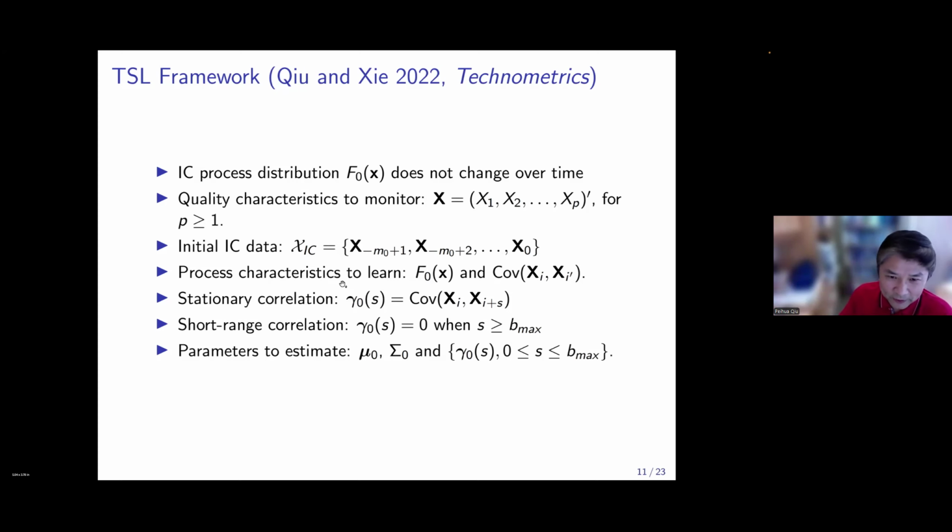In this specific paper, for the in-control distribution, we are mainly interested in estimating the mean and covariance matrix. And for the covariance, we are interested in learning gamma 0(s) in this range. That's what we learn, so what we learn from the in-control data is well defined.